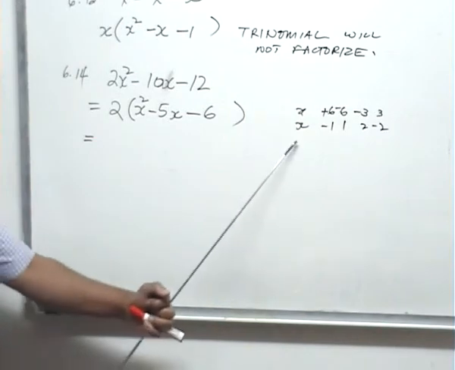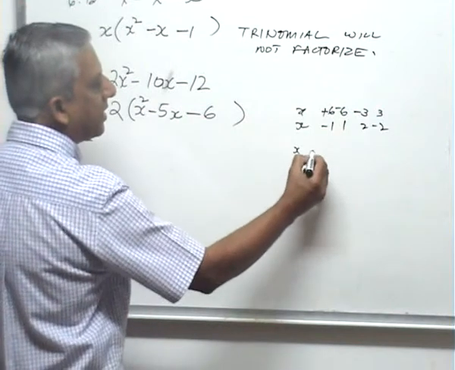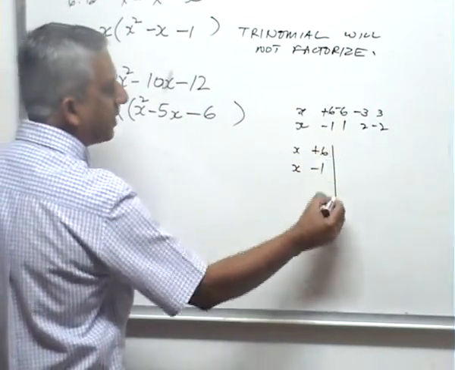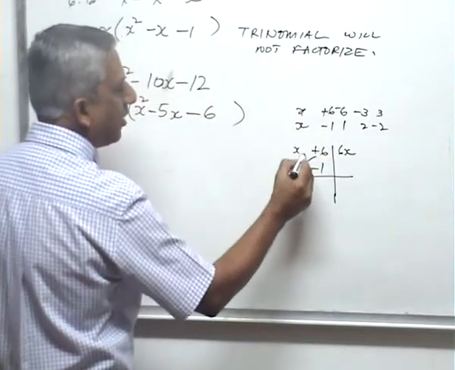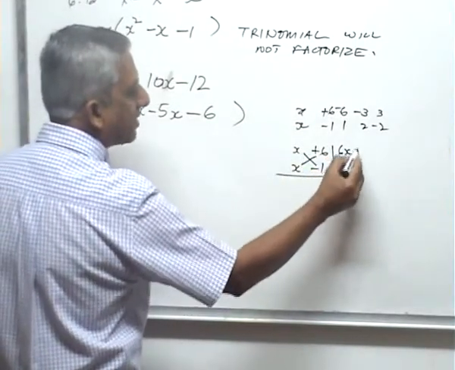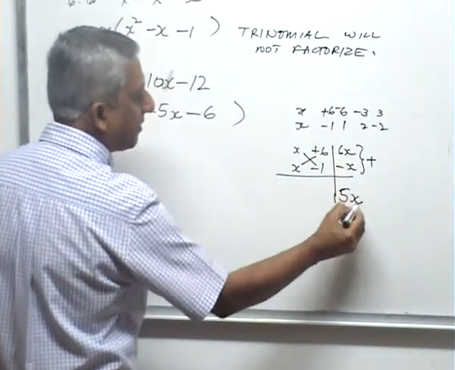Let's say I chose the first two: x and plus 6 and minus 1. Then when I multiply, I get 6x, and multiplying the other, you get minus x. Add it up, and you get 5x.